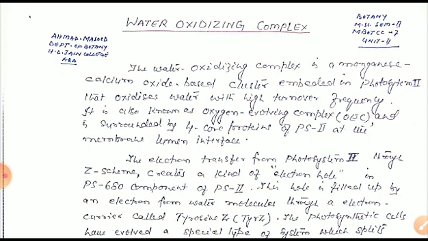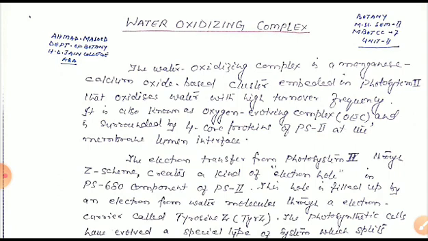Dear students, as we all know, when the electrons are ejected to high orbitals by chlorophyll molecules with its reaction center P680, when it gets a flash of light, they do not come back to the same chlorophyll molecules.